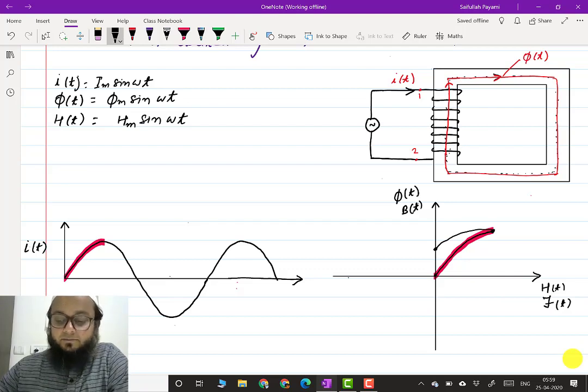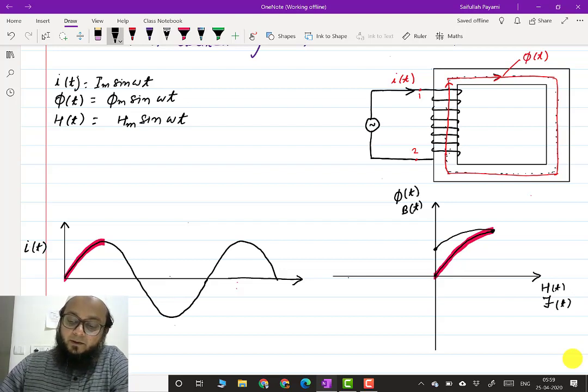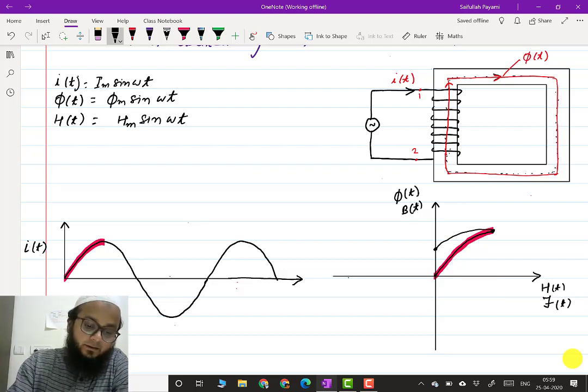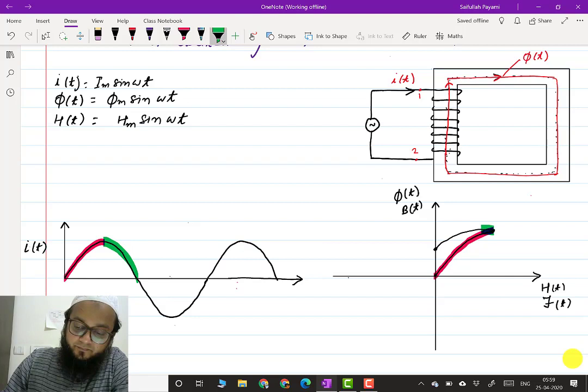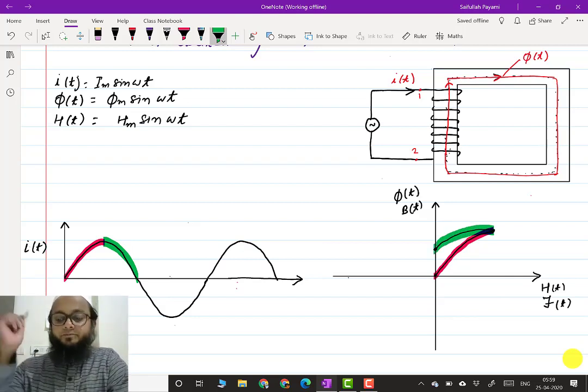Rather, there would be some domains which would still be aligned in the previous direction, and we say there would be some residual flux. So similarly here, the moment H has reduced from the peak to its 0 value, the flux will come back to this point.